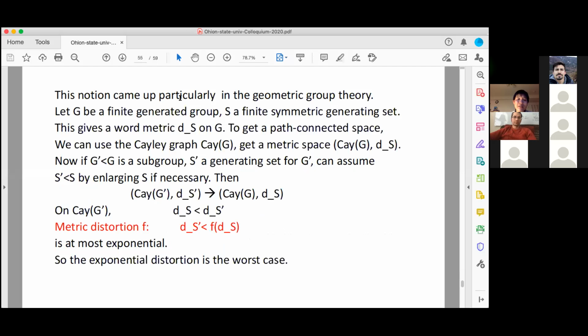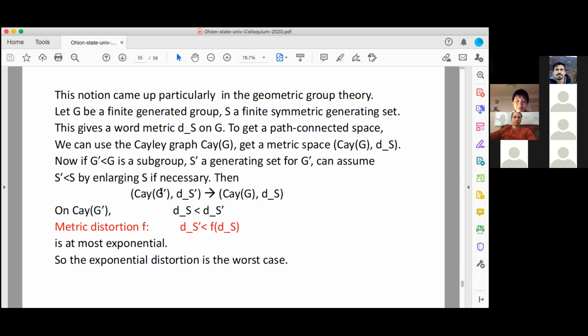Now this notion came up particularly in geometric group theory. So if G is a finitely generated group, with a finite generating set S, we have a word metric. So if we want to deal with only path-connected spaces, look at the Cayley graph. So I get a connected, path-connected metric space. If G prime is a subgroup, and S prime is a generating set, let's assume S prime contains S by enlarging S if necessary.